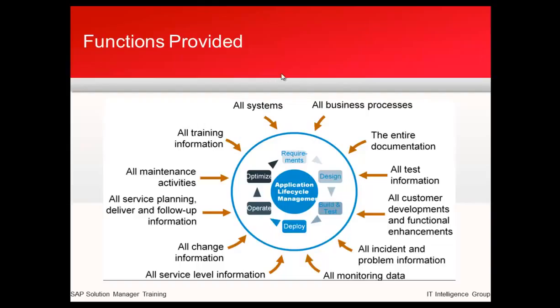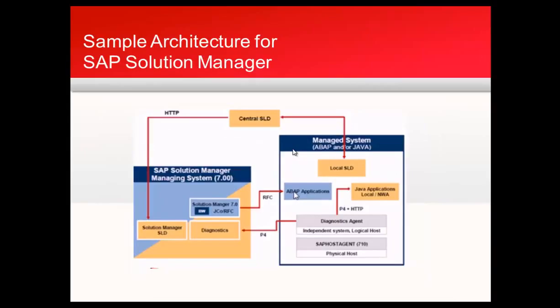Solution Manager provides right from the requirement phase to design phase to build and test phase, and once they are tested, the deployment of them, operating them and optimizing the solution, and again creating the requirement based on the report of optimization.